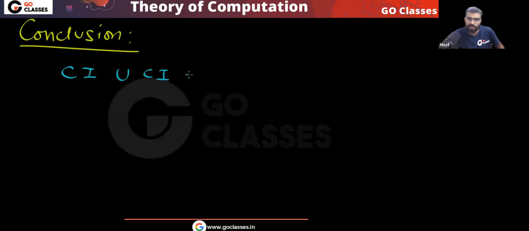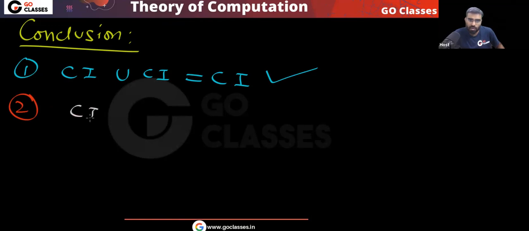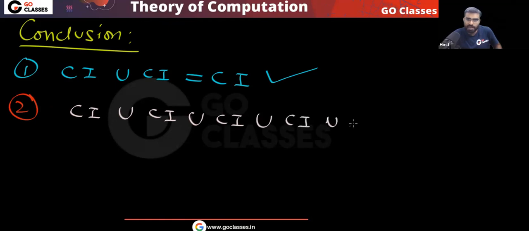The conclusion is very simple. Can you notice? Countable infinite union countable infinite is countable infinite, right? This we have seen. The second, which is interesting, is countable infinite union countable infinite union countable infinite, and so on.